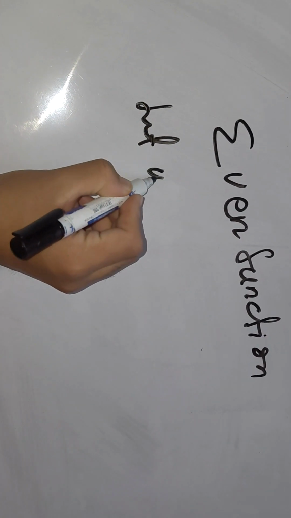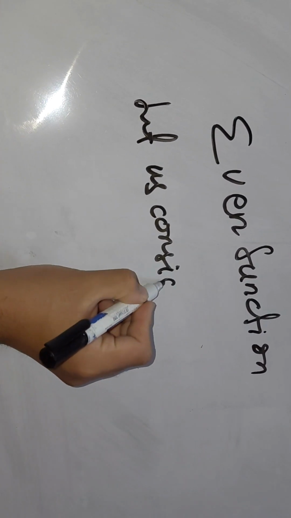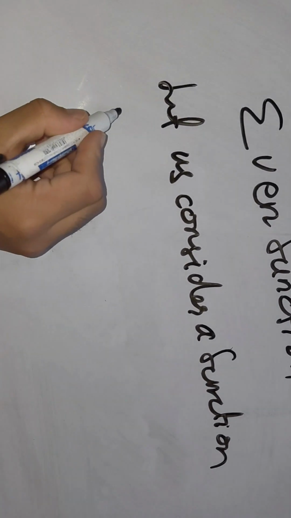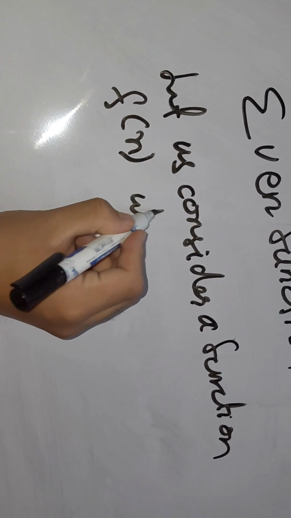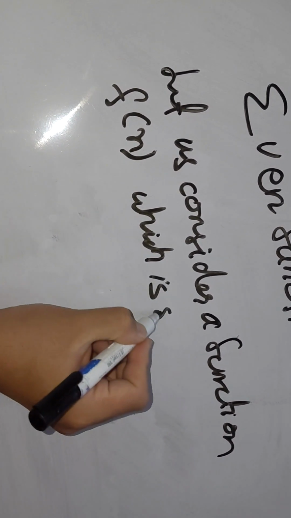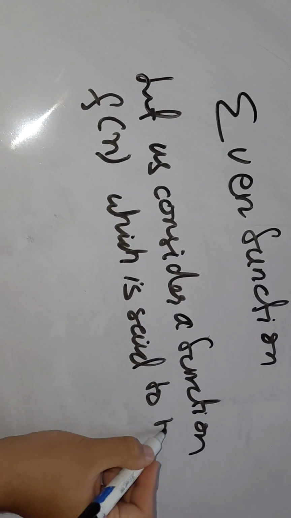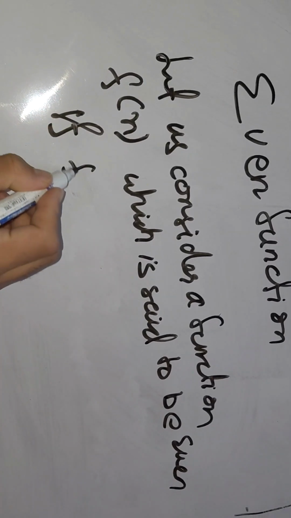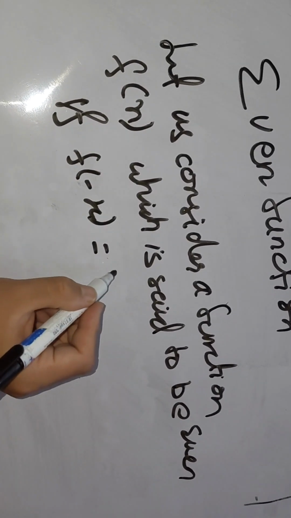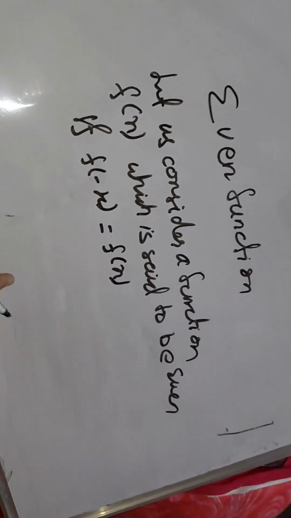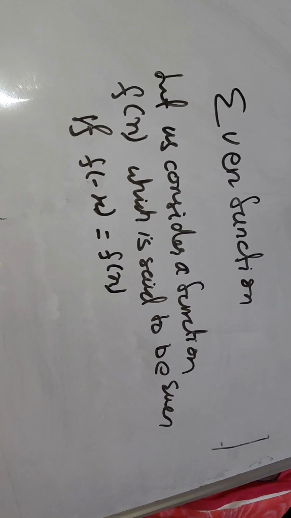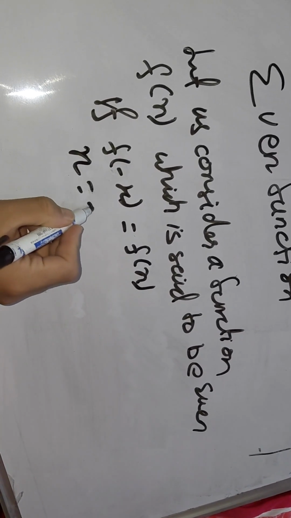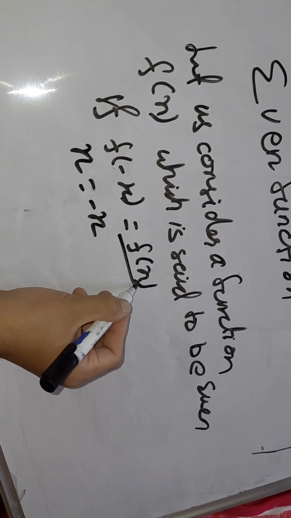Let us consider a function f of x which is said to be even if f of minus x is equal to f of x. Now we consider any function even when, in that function, replacing x with minus x gives the original function itself.